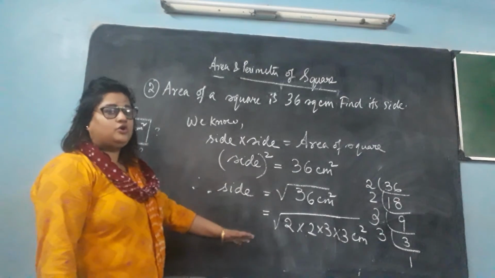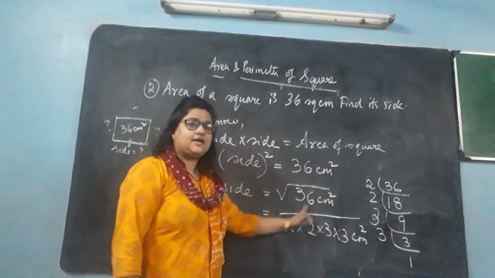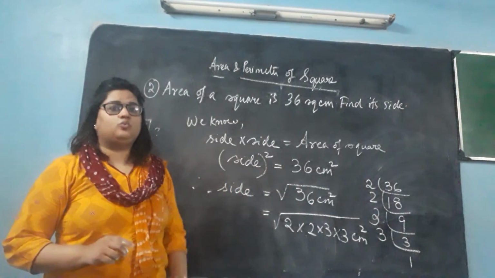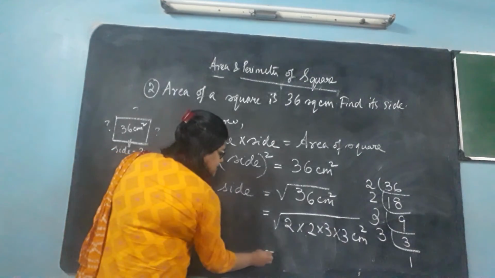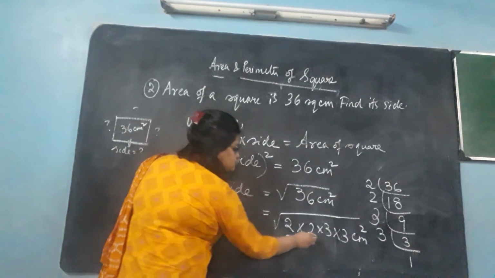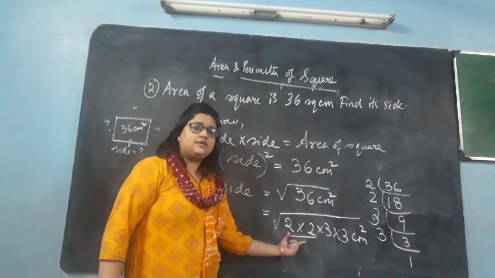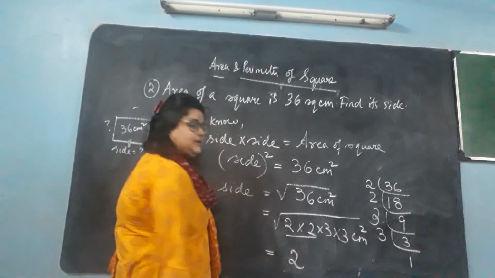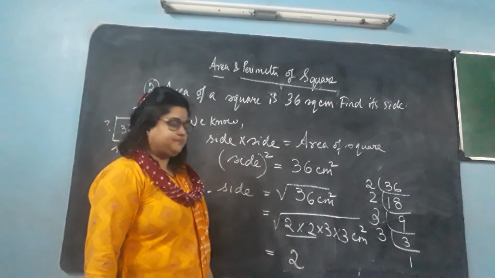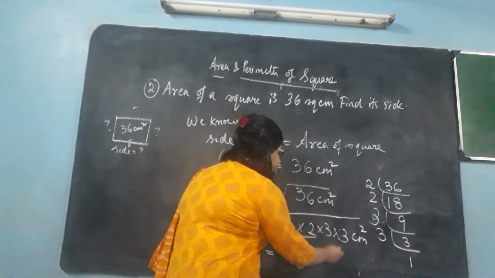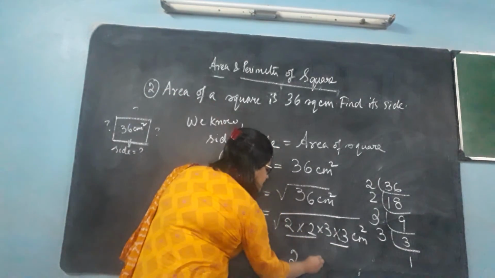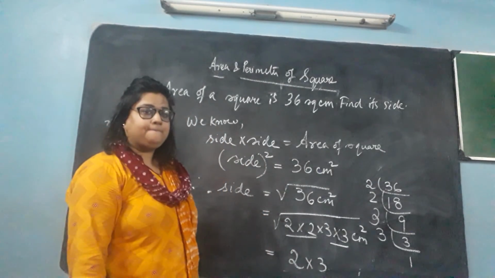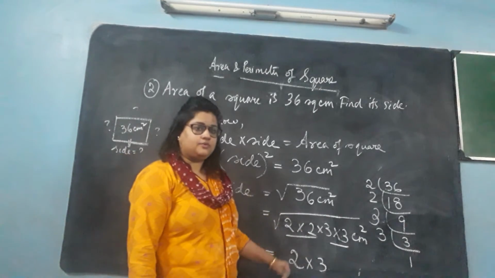Now, if I want to take anything outside this sign, out of 2 similar things I have to take out 1. Just see, 2 into 2, both are similar numbers. Out of these 2 similar numbers, I will take out 1 in order to remove the square root sign. Similarly, 3 into 3. Out of these 2, I will take out 1, and in between there is a multiplication sign. So we are taking out the square root.